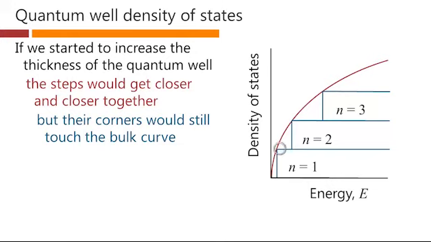But their corners would still touch this parabola. So this height here would be dropping, relatively speaking, but the step would be moving in. The density of states per unit volume would be doing this because the thickness of the quantum well would be getting larger. So this touching of the parabola doesn't depend on what the thickness of the quantum well is.